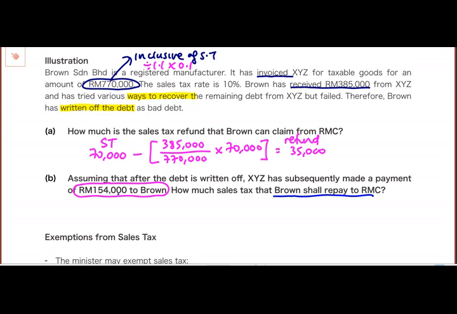Use back the same formula. If you've got back 154 and the total amount is 770, then that proportion, 154 over 770, means you have to return back 14,000 to the customer.